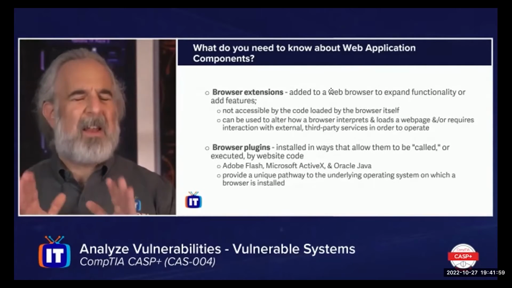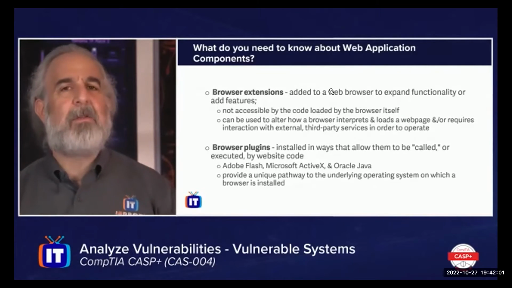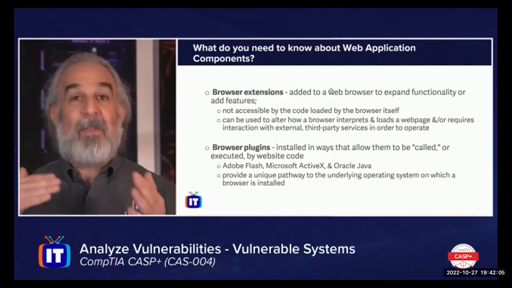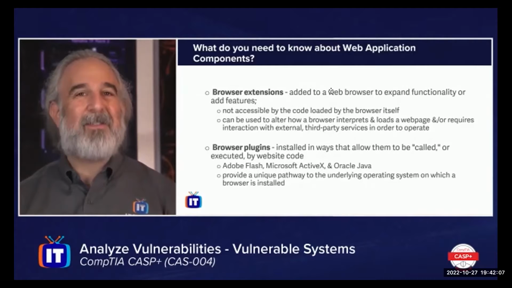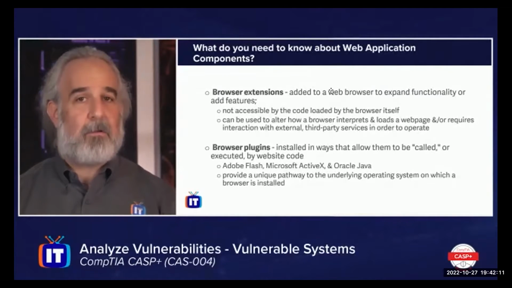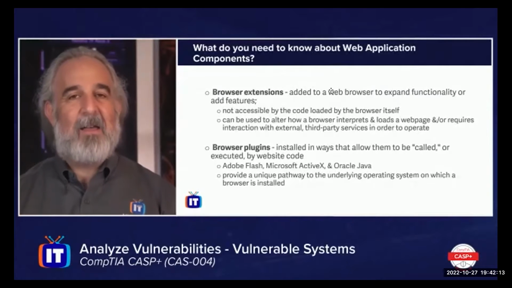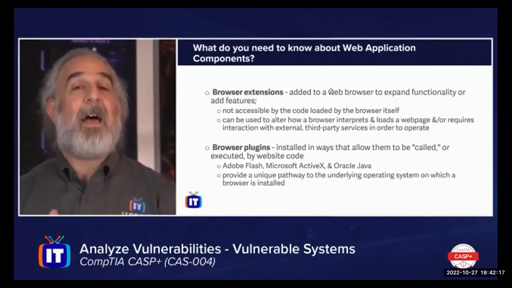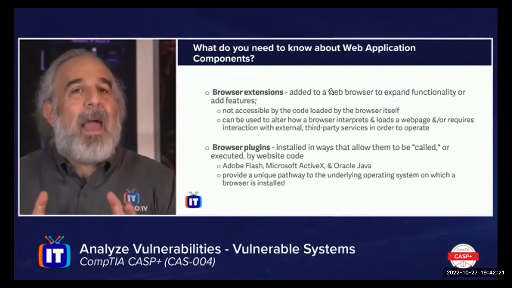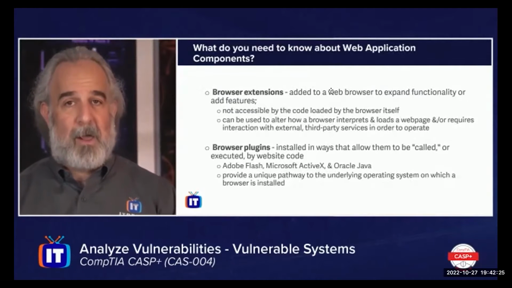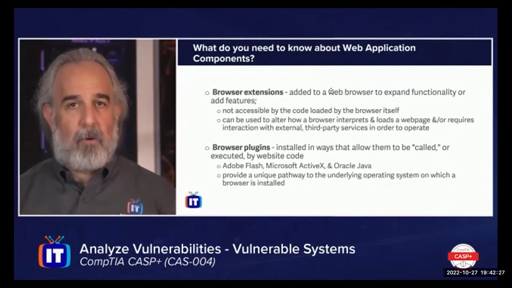And when I say not accessible by the browser, what I mean is that it is not going to be something that the actual browser is going to interact with directly and is going to allow code to be executed through or manipulated via. And as a result of that, it is going to give us added functionality and features, but it's not being added in such a way that it becomes a security liability, right? And so this is very important.